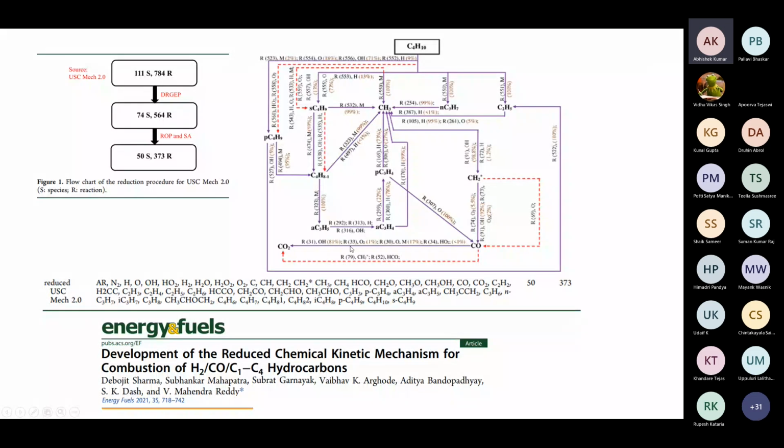Now, this study is about how each species is behaving when temperature is changing, when pressure is changing, when concentration is changing, and how its reaction is also changing. Suppose whatever reaction we are showing over here, reaction 532, this reaction is happening with certain operating parameters.